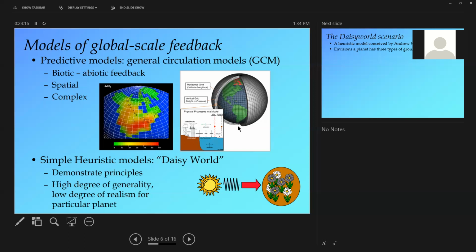But as I've said before, there is this trade-off between generality and realism. If you want something that represents the real world in detail, what you need to do is add lots of detail to that model to get it to represent what goes on in the real world out there.